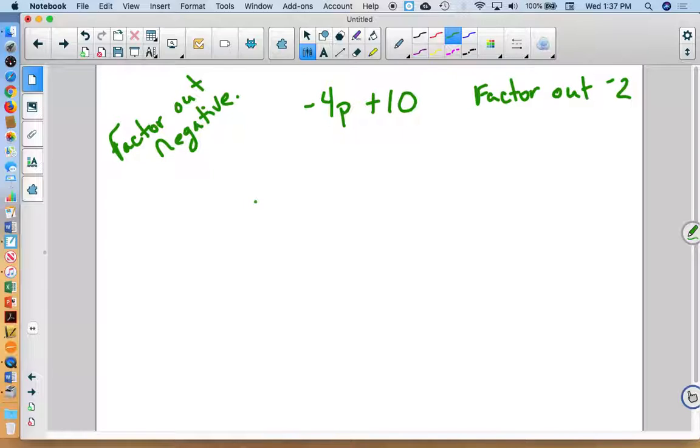So I pull the negative 2 out. What is negative 4 divided by negative 2? Negative 4 divided by negative 2 is a positive 2 with the p, plus what is 10 divided by negative 2? Well, positive divided by negative has to be a negative 5. And I'm done. That's it.